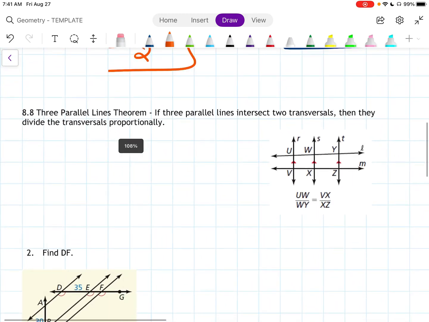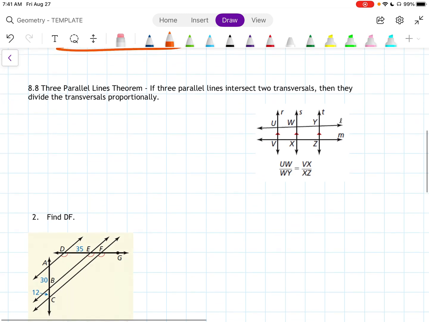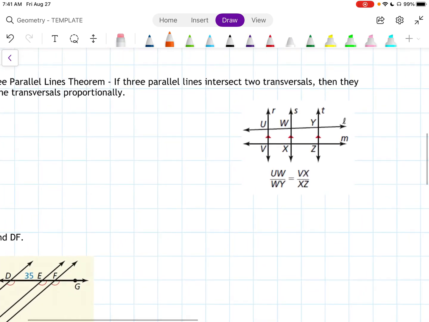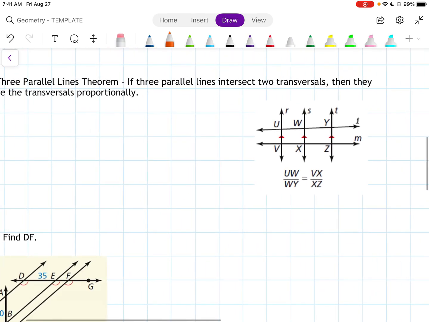Theorem 8.8, three parallel lines theorem. If three parallel lines intersect two transversals, then they divide the transversals proportionally. And this is kind of an extension of the triangle proportionality theorem. So we have lines L and M are the transversals.